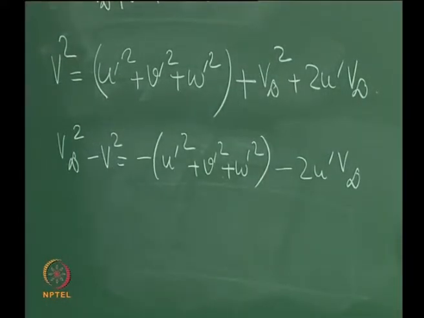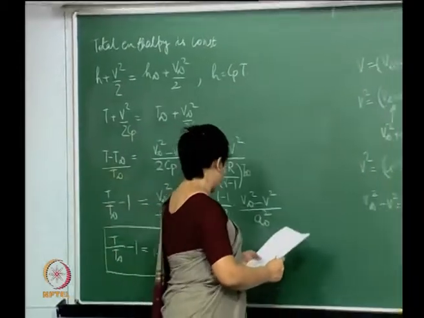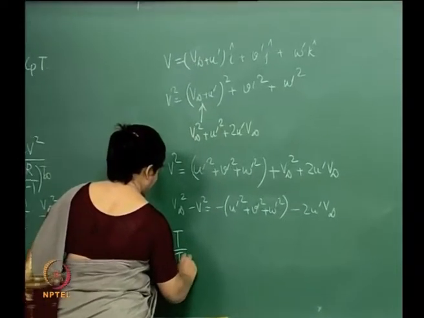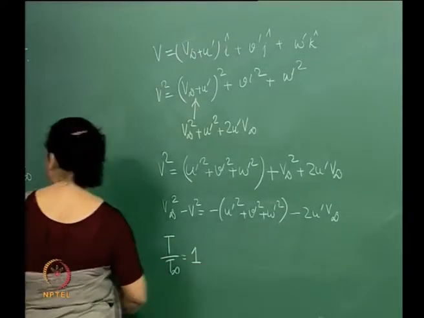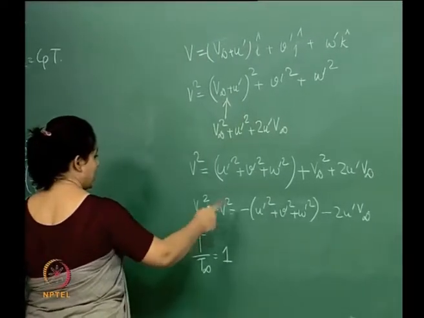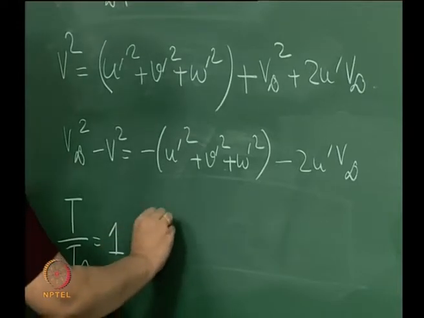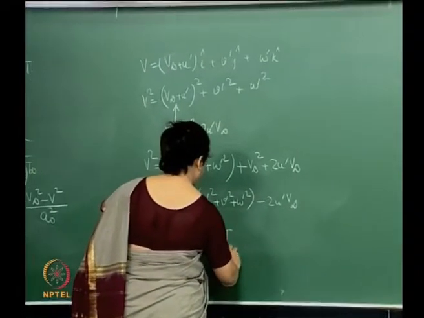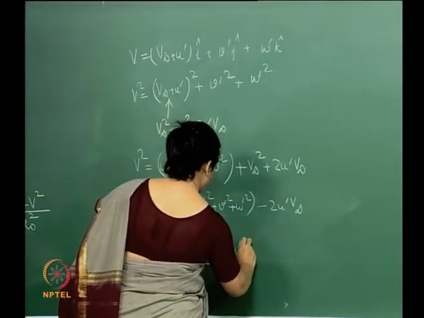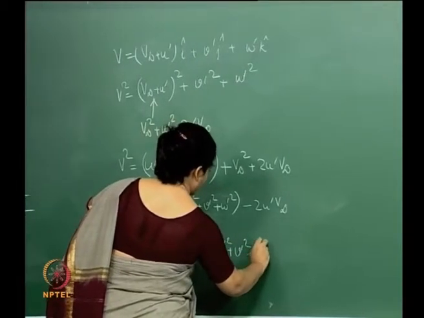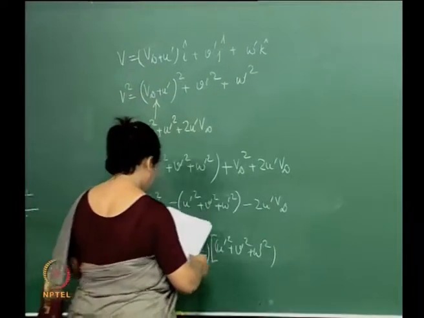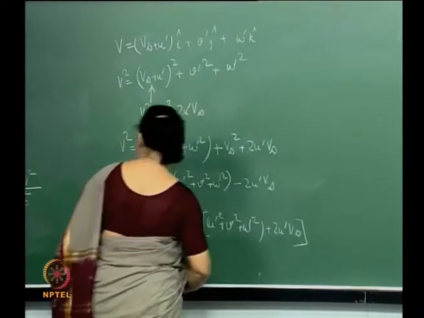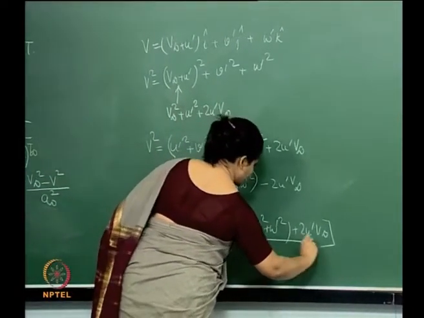So therefore our term here, T by T infinity, then becomes, I take the 1 to the right hand side, and the whole thing is negative, this, divided by a infinity square.